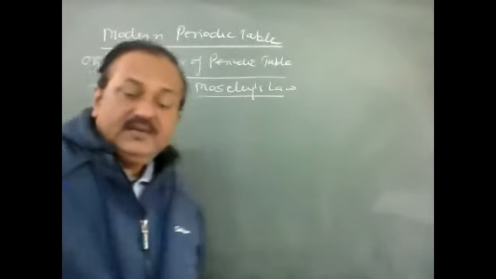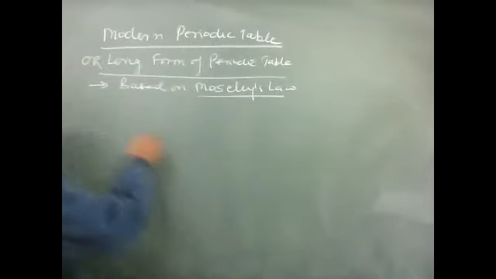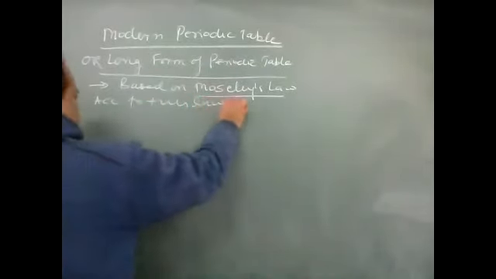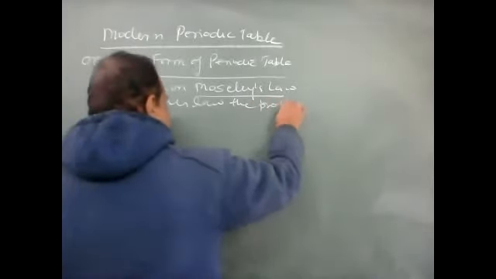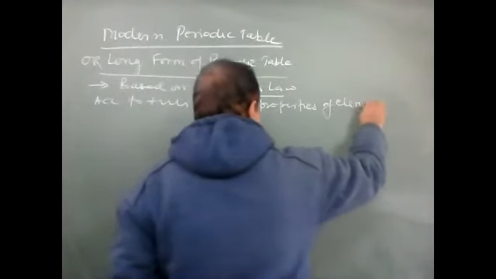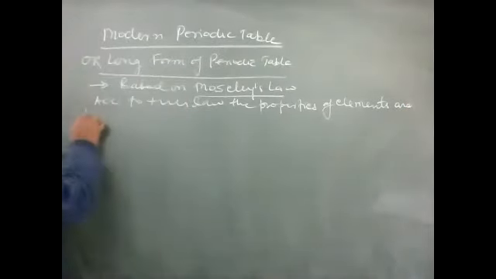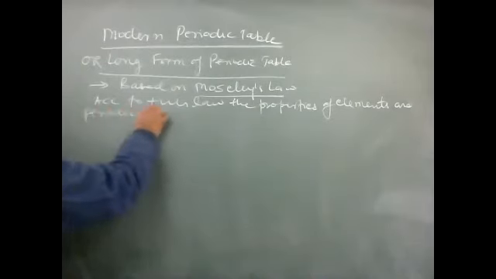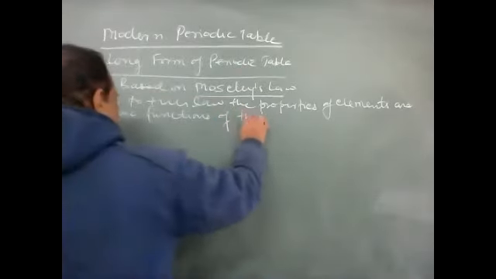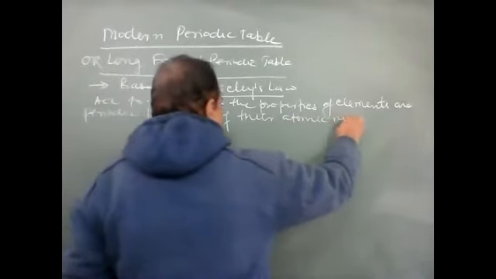And what is Moseley's law? Properties of elements are periodic functions of their atomic numbers. According to this law, the properties of elements are periodic functions of their atomic numbers.